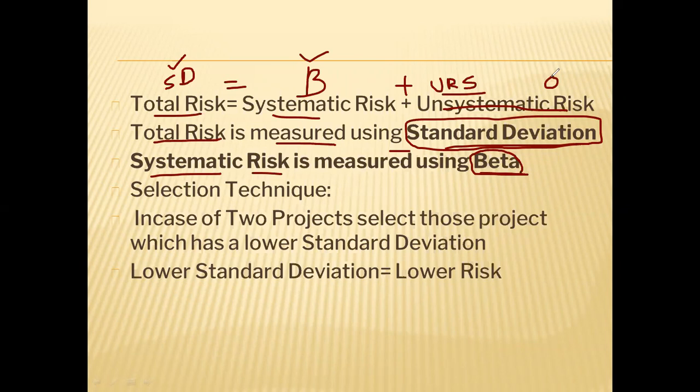Strike, you can avoid by negotiating with your workers, laborers, etc. Software corruption, you can always keep a backup of your data. So unsystematic risk you can make zero also. Unsystematic risk is completely avoidable.